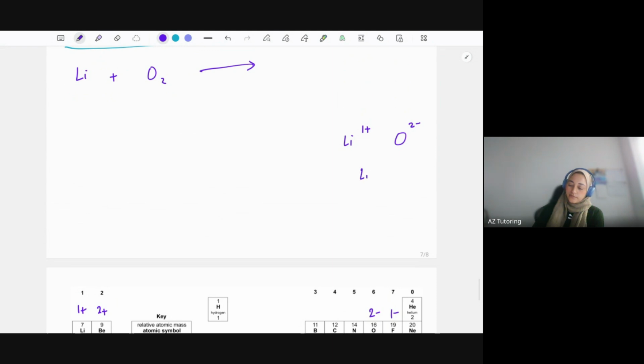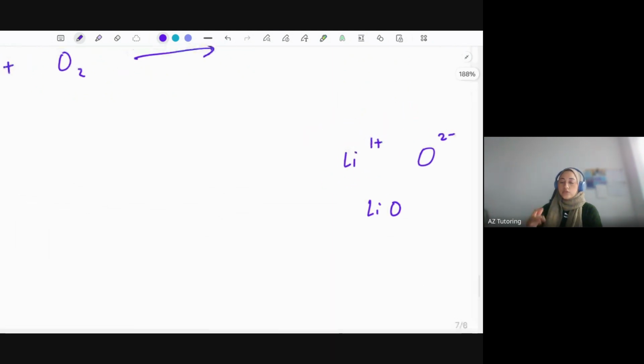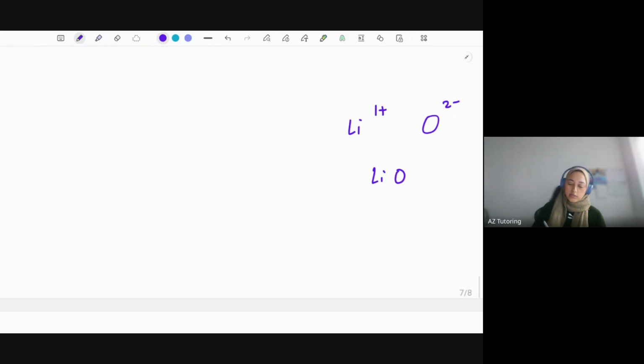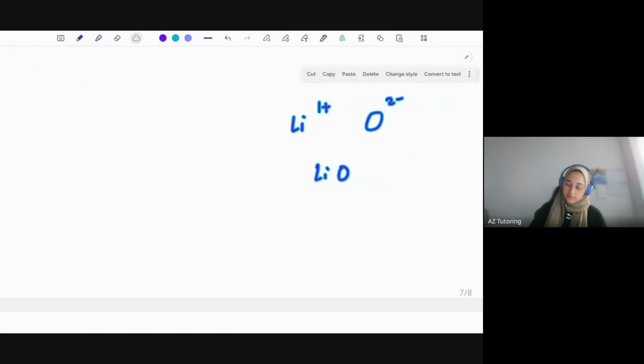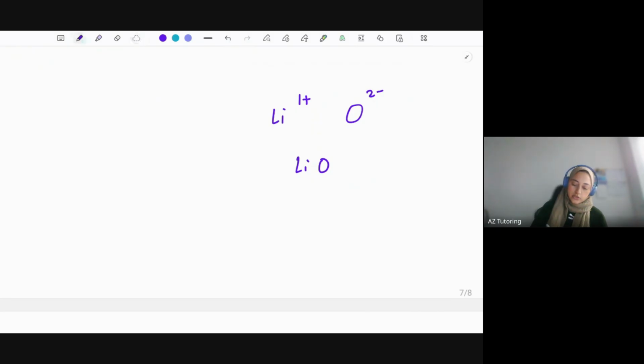Now what you do is you put them down, and this is just the crossing method. So I don't know if anyone has seen this, but we don't care about the charges, we're just crossing the numbers down. So the 2 comes down to the lithium, and the 1 comes down to the oxygen. Now, it doesn't make sense to write Li2 O1.